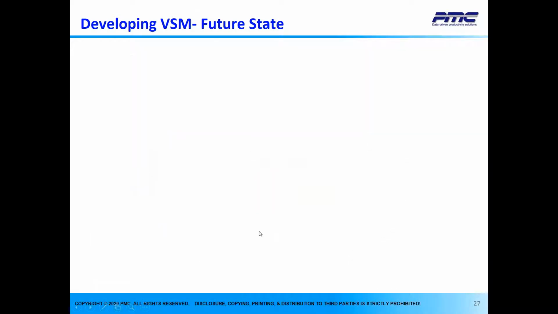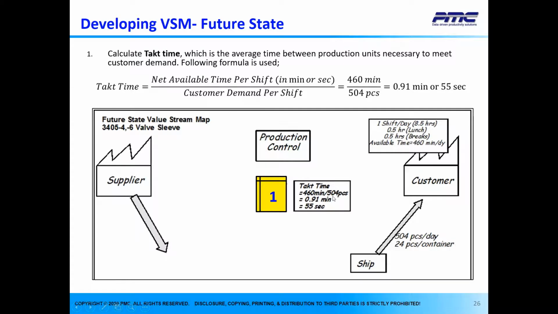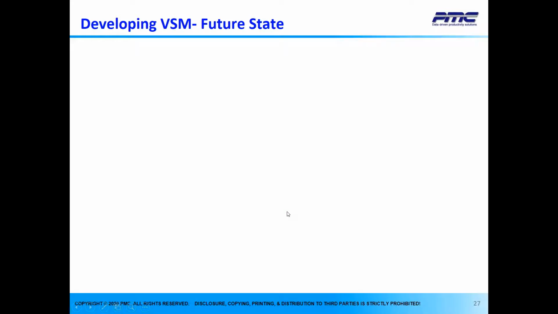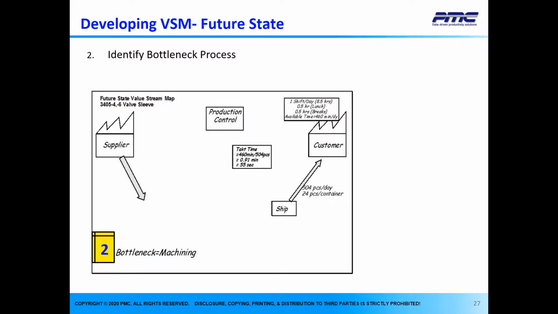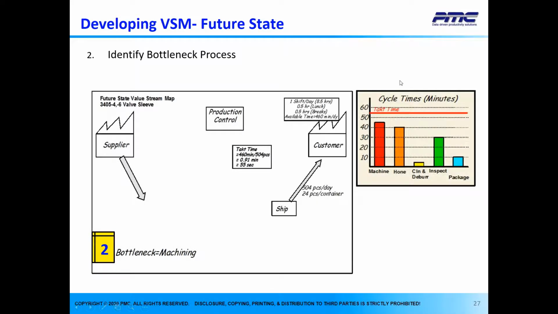Okay, so that's this box right here. So we defined what the takt time is. Next, we're going to look at the bottleneck opportunities. If you remember, machining was 44 seconds, honing was 40, cleaning and deburring was only 5 seconds, inspection was 30, and packaging was 10 seconds, when the takt time was 55 seconds.